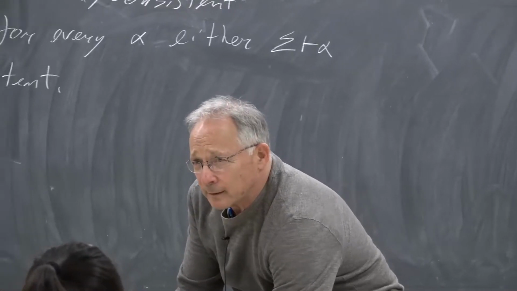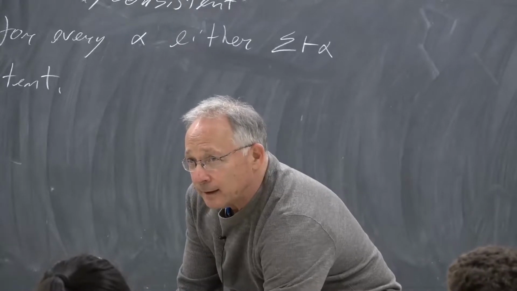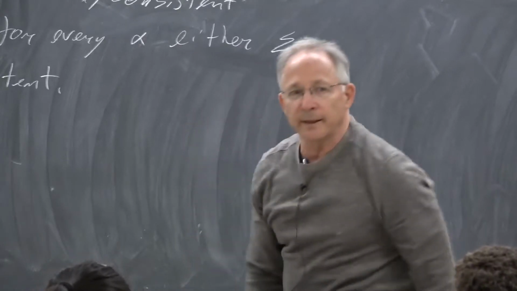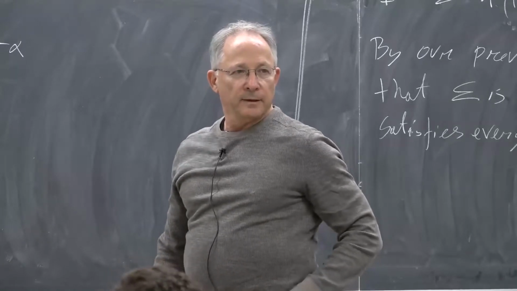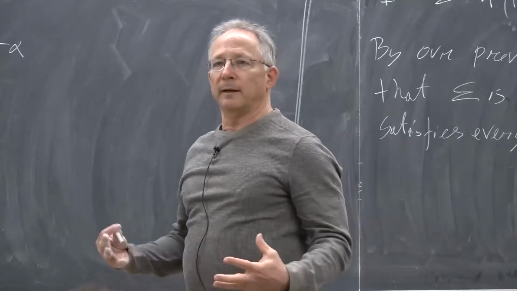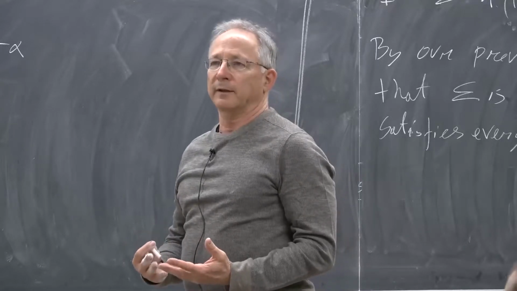So is it clear why I call it maximally consistent? In some sense, if I add to sigma things that it can prove, it will not ruin the consistency. So if I want to expand sigma and ask about consistency, the only thing that will strengthen it. Right?